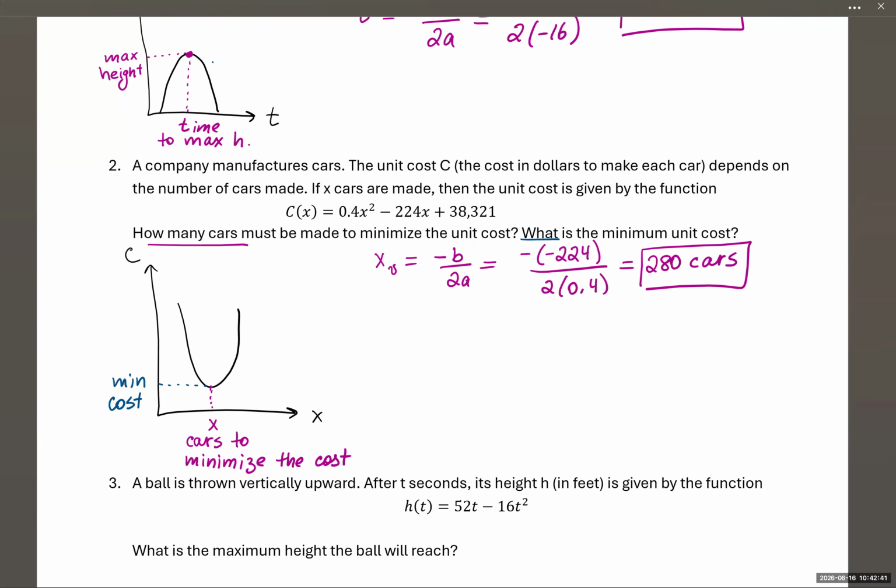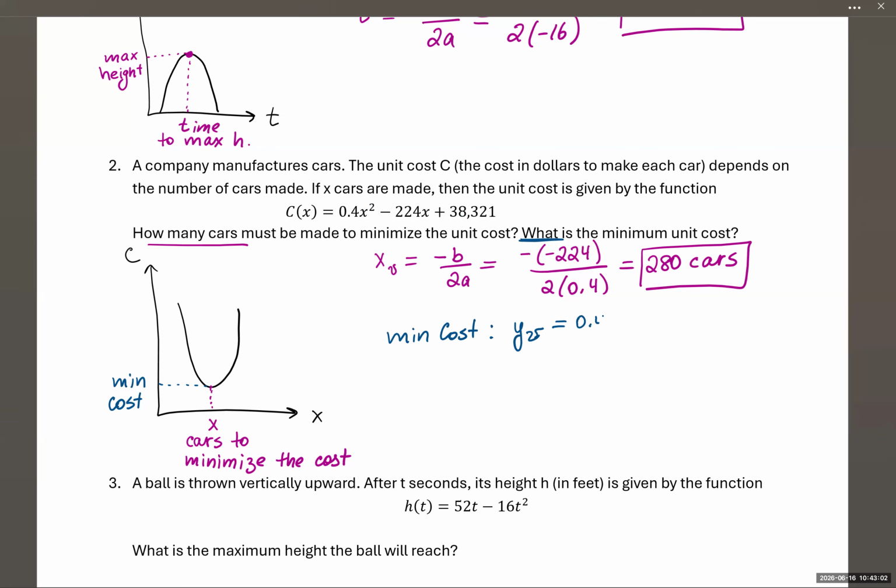Now the second question, what is the minimum unit cost? So the minimum cost, well, that is the y-coordinate of the vertex, and that is calculated by plugging in 280 cars back into the x values of the original equation.